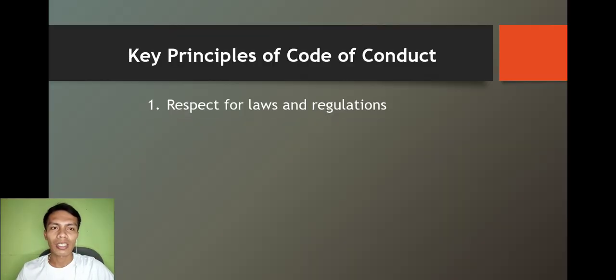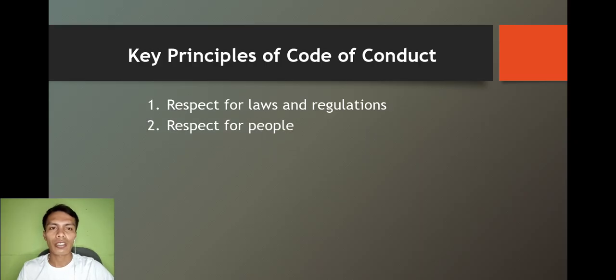So first principle of code of conduct is to respect for laws and regulations. So let's say for example, so unsa man pamaagi that we need to respect laws and regulations. So first is kanang mo sunod ta, mo follow ta, dili ta violators. So that's one way to respect the law and the rules and regulations.